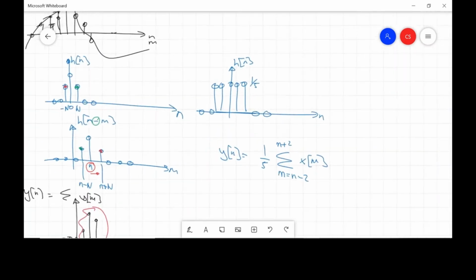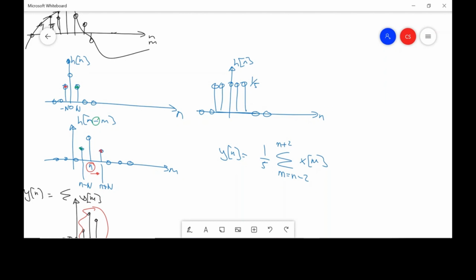The samples different from 0, if you shift it to the location n, are those ones. So this is an average in which all the samples around have the same weight.